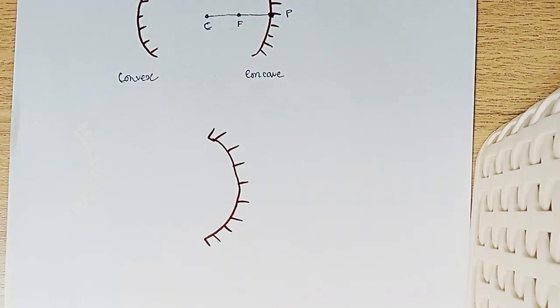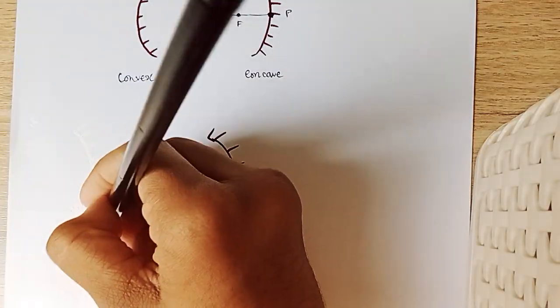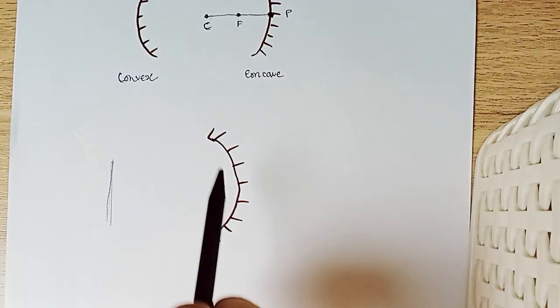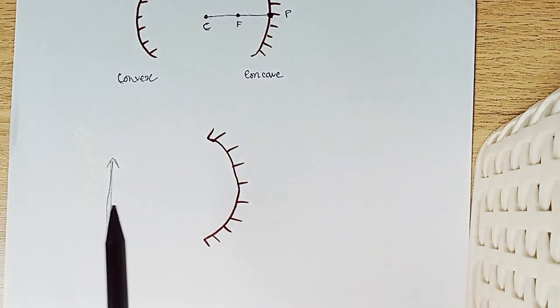If the position of the object is at infinity, to represent a position at infinity, you draw the object very far from the concave mirror, and it should be like this. So, if the position of the object is at infinity, then the position of the image will be at the focus.